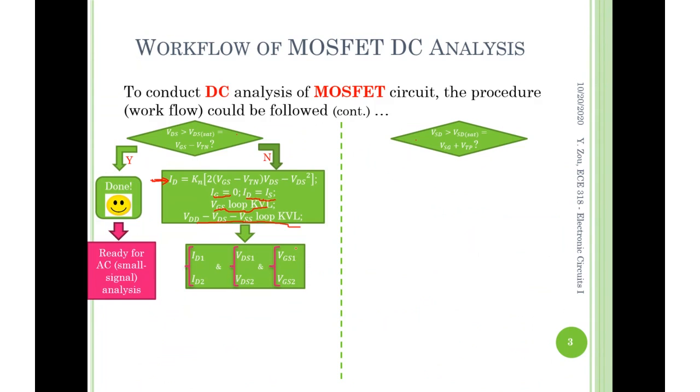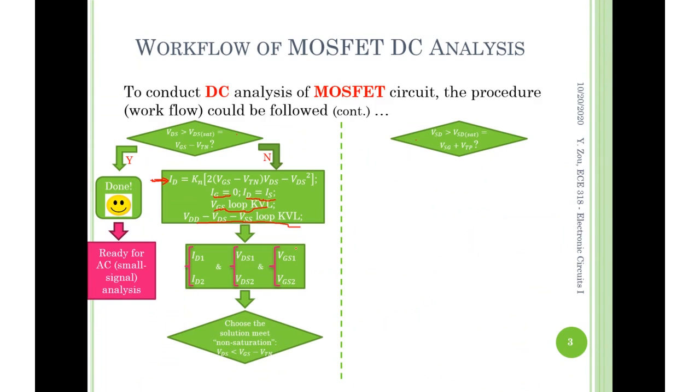But how to tell which one is right? You need to be very careful on this. You need to choose the solution which meets the non-saturation condition, which means your VDS must be less than VGS minus VTN. Does it make sense?